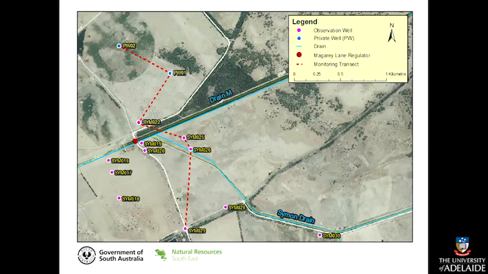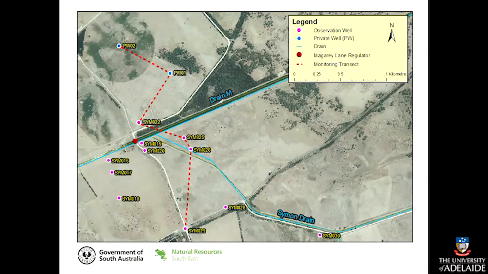So you can see here this red dashed line. This is the monitoring transect that was established. This was just done using existing observation wells and private wells, so that was good. And you can see the red dot there, that's the regulator in the drain.